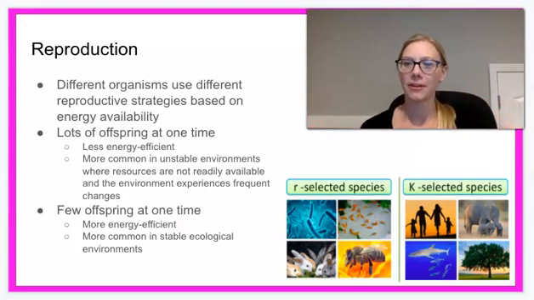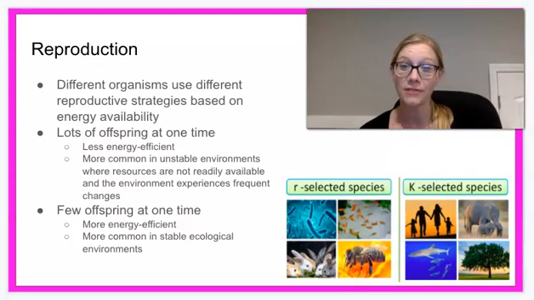Some of them survive and move on because typically there's not a lot of prenatal care or postnatal care even, right, of the offspring. Or you can have few offspring, like one or two at a time, not always just one, but definitely in limited numbers. This is actually more energy efficient, and it tends to be more common in stable ecological environments, right?